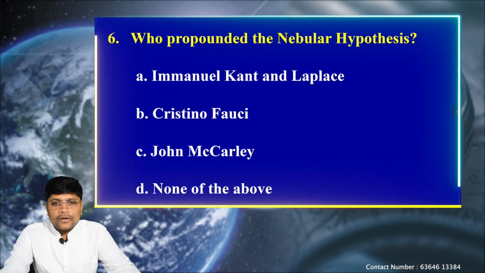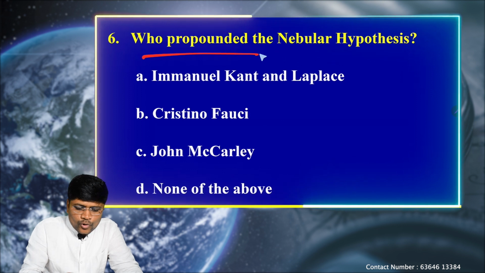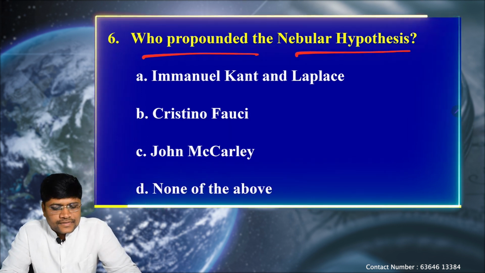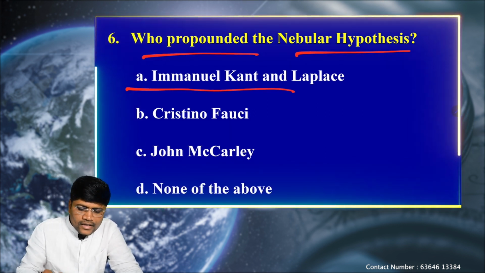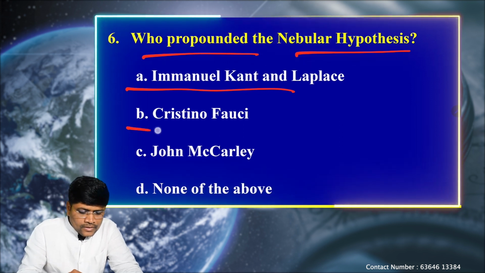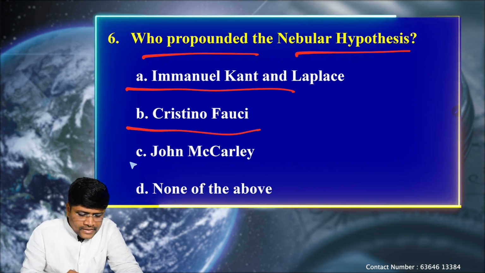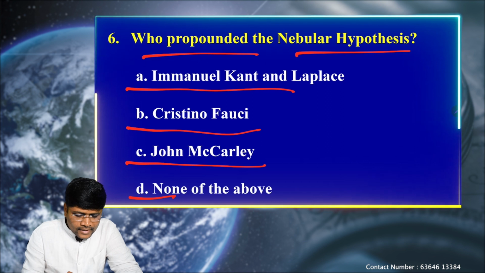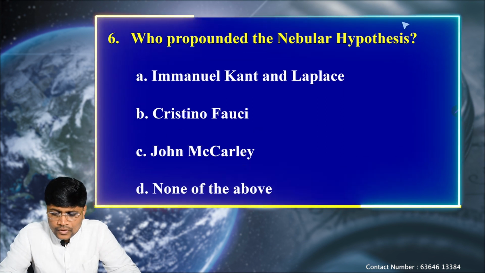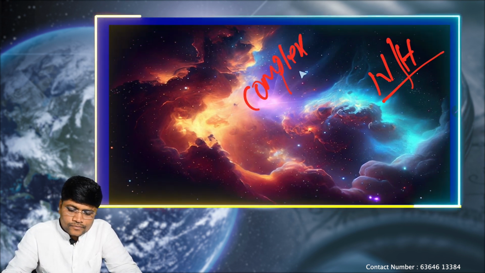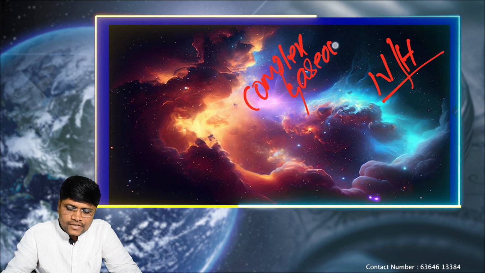Next question. Who propounded the nebular hypothesis? Options here: A Immanuel Kant and Laplace, B Christophe Fossi, C John Macquarrie, and D None of the above. Let's see the discussion. The word nebula refers to a complex gaseous cloud. Why is it called a complex gaseous cloud?